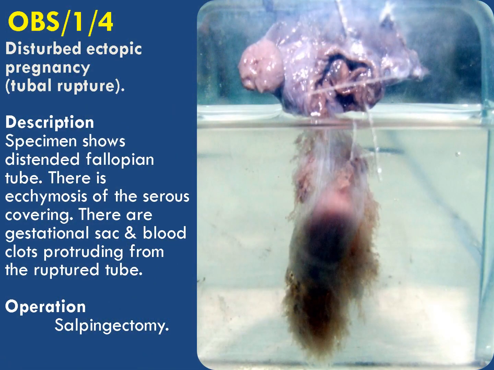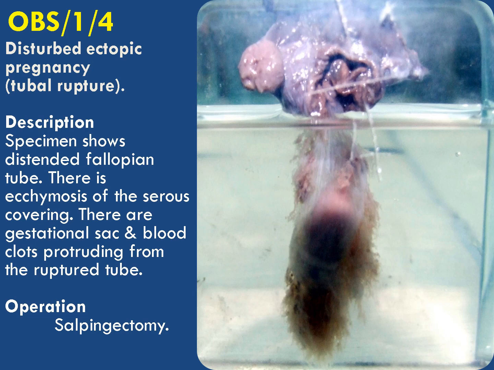Jar represents a case of tubal rupture, one of the varieties of disturbed ectopic pregnancy. The specimen is removed by salpingectomy. There is a distended fallopian tube surrounded by ecchymosis of the serous covering.